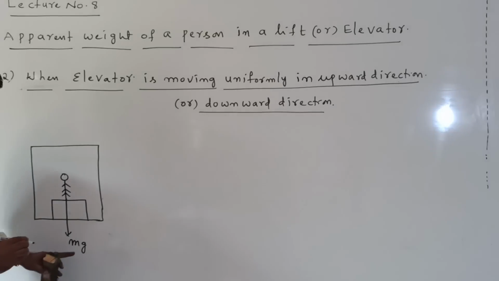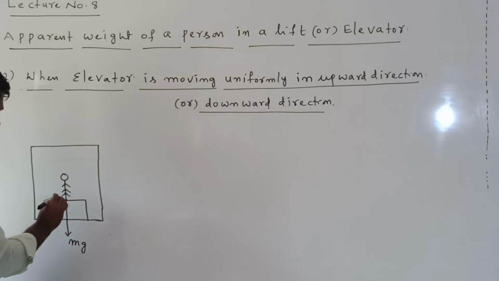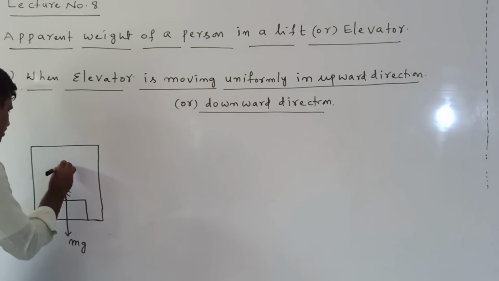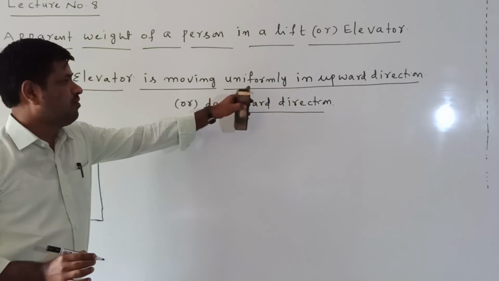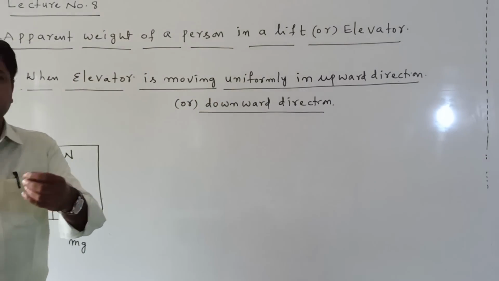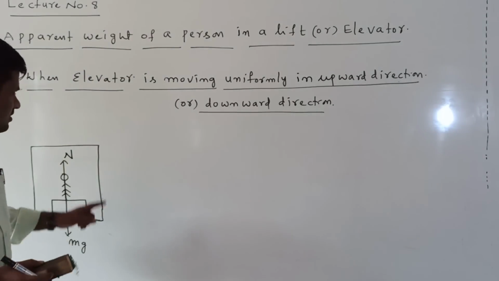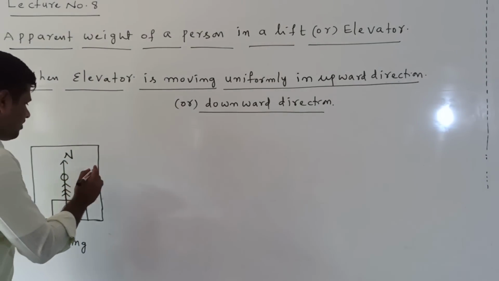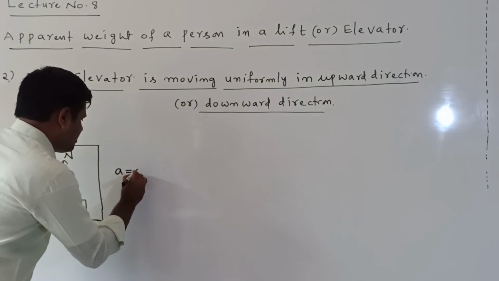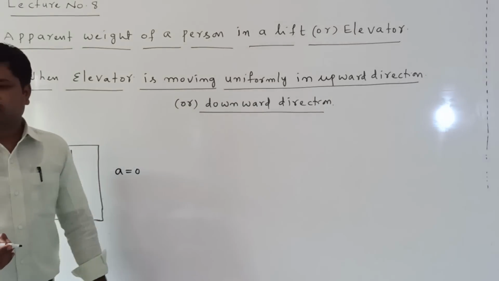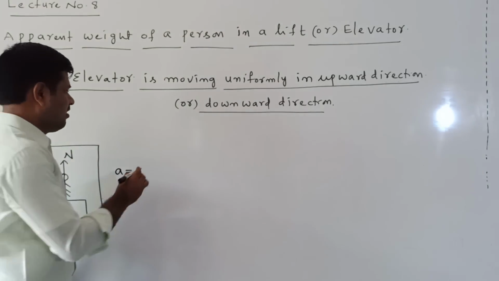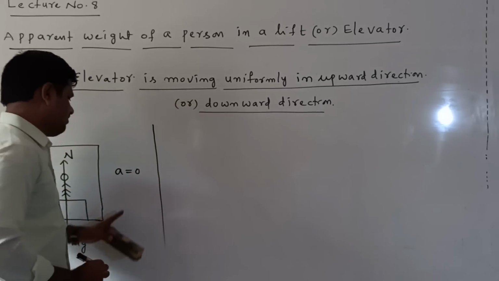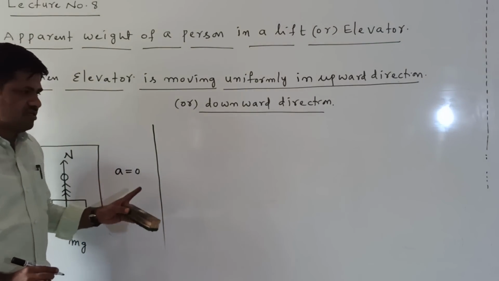The weight mg acts in the downward direction and the normal reaction acts in the upward direction. Here the elevator is moving uniformly, that is with uniform velocity, so the acceleration is 0.